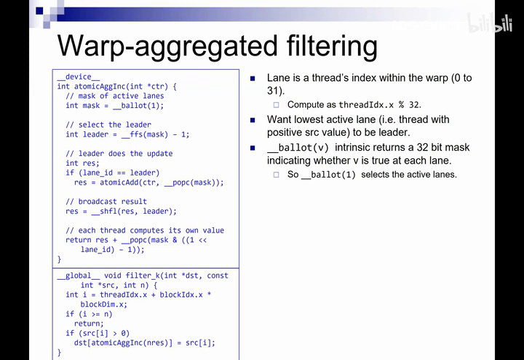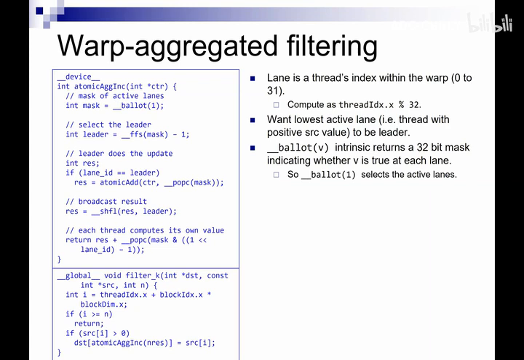So when you run this ballot operation with 1, it ends up returning a 32-bit mask. Each digit in the mask corresponds to one of your 32 threads, and the digit says whether that thread is active or not.